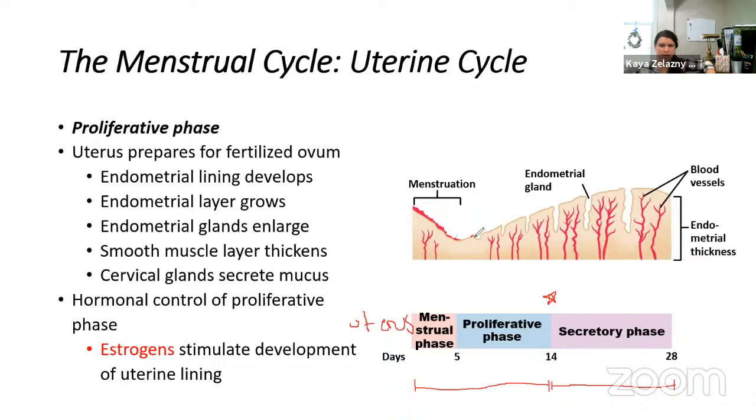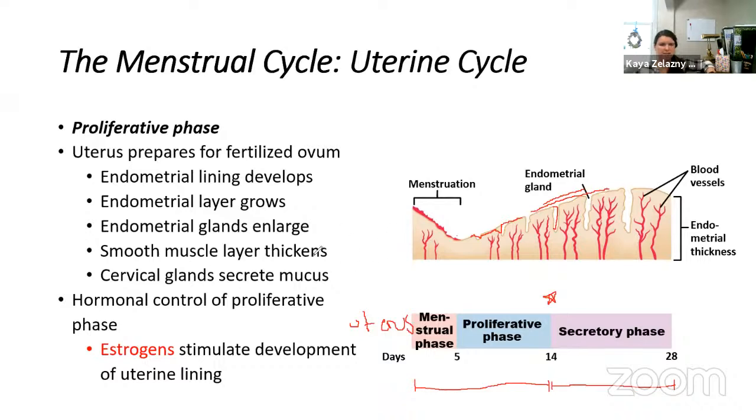We're going to see that glandular tissue in the walls of the endometrium is growing, so we have kind of glands here. There's a smooth muscle layer that's thickening, and the cervical glands are going to start secreting mucus. So there's also going to be kind of a mucosal layer lying on top as well.